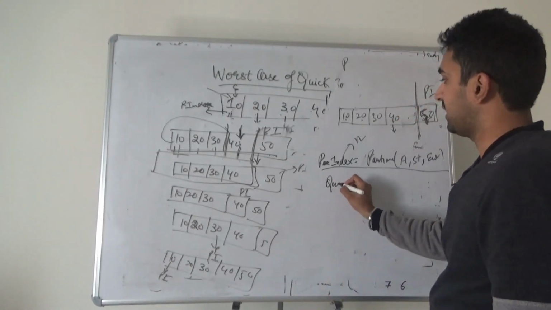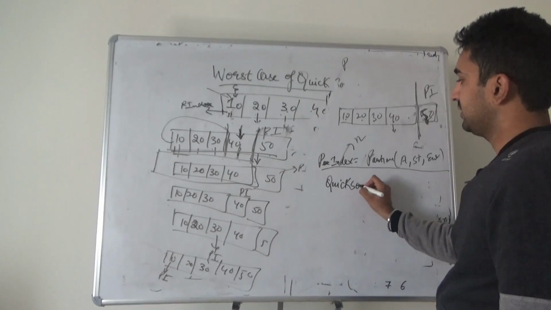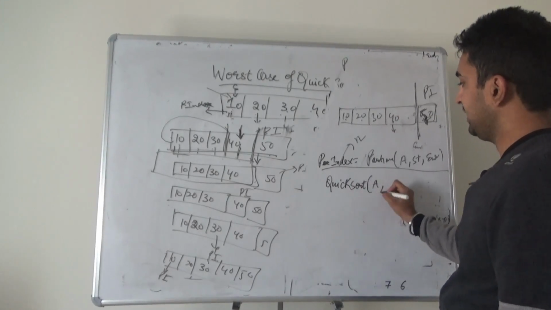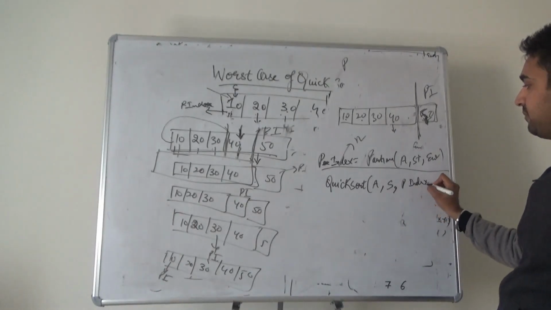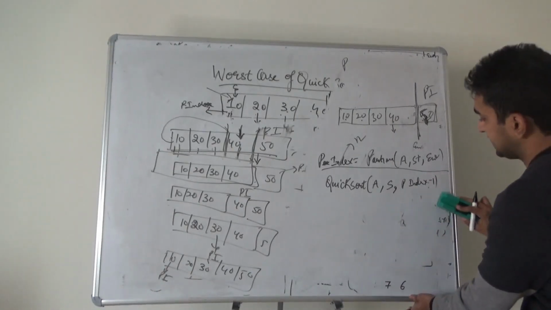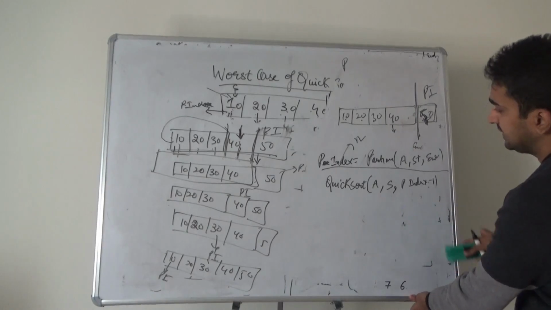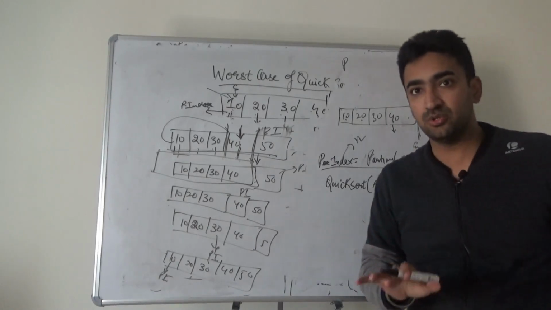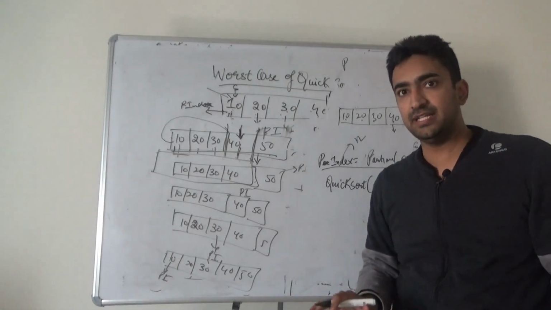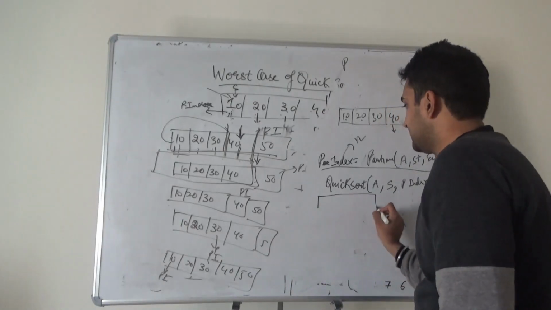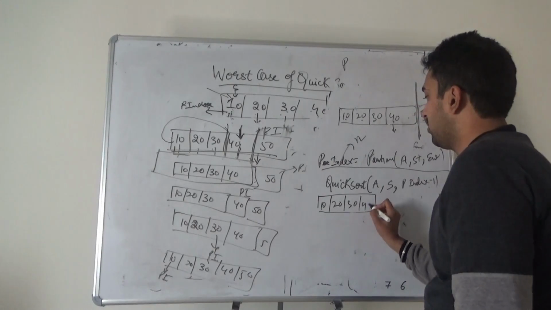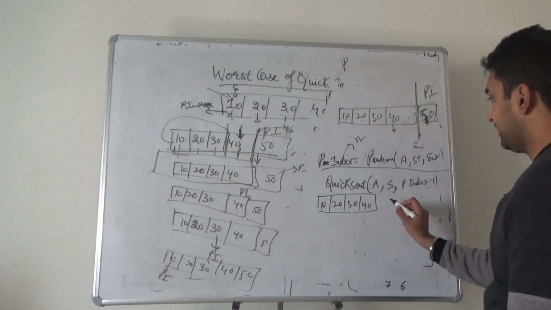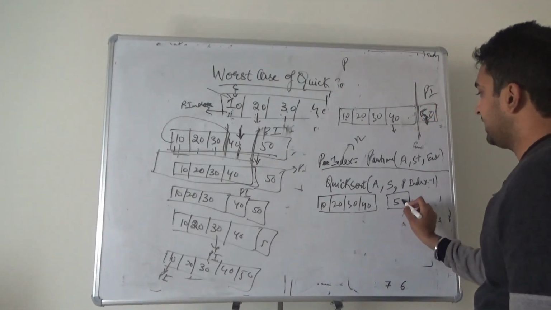Now comes this part: QuickSort from start to p index minus 1. Since this statement actually did not get divided, we have elements such as 10, 20, 30, 40 on one side and the 50 element on another side.